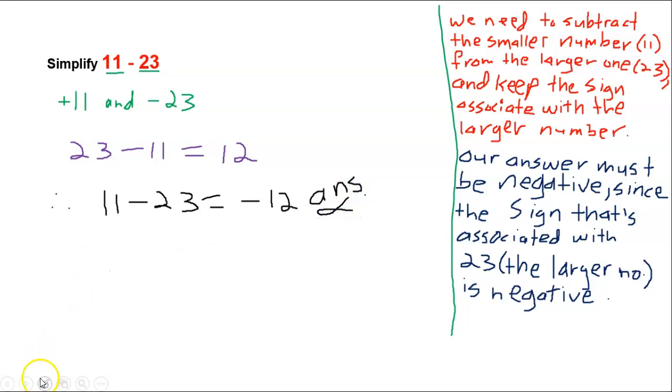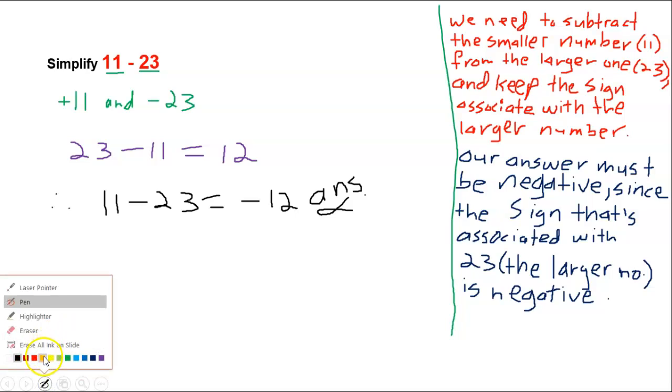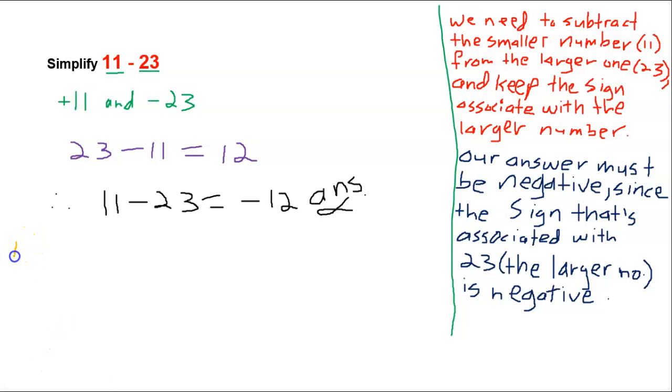Now, there is something I want you to note very well. Whenever a larger number is subtracted from a smaller one, the answer would always be negative. So I'll write that here.